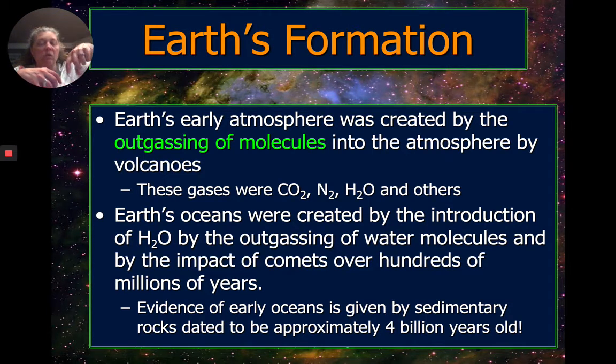And when the Earth was formed, it was just a ball of magma, and that magma released gas, and that created our early atmosphere. And so we have this conservation of momentum, conservation of angular momentum. It's kind of like when gymnasts and figure skaters start spinning with their arms out, and then when they bring their arms in, they spin faster, and when they want to stop spinning, they move their arms further out.